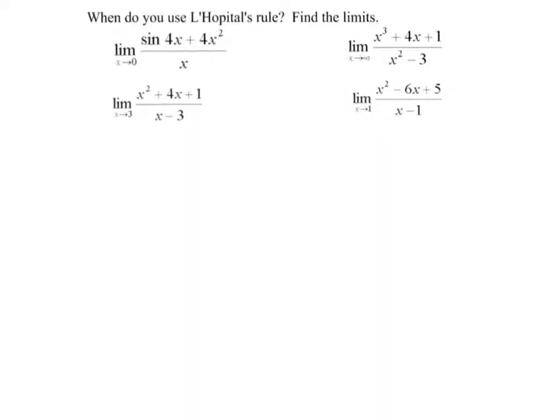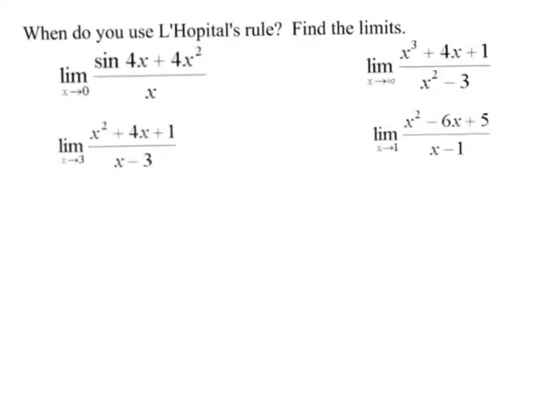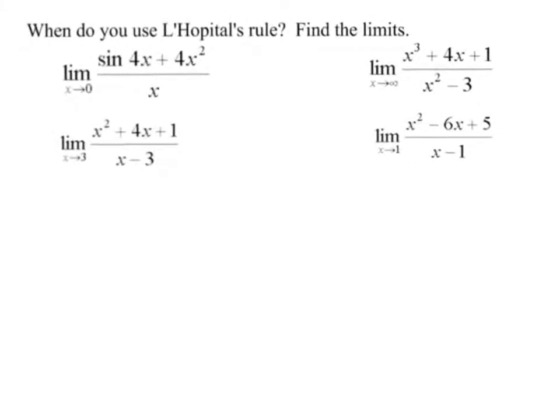In this, let's just quickly talk about when we use L'Hopital's rule and what the limits are. This first one, if I plug in 0, I get 0 plus 0 over 0. So I can use L'Hopital's rule, and I'm going to do it in a shorthand, just writing it right above it, finding the derivative. Now I plug in 0 again.